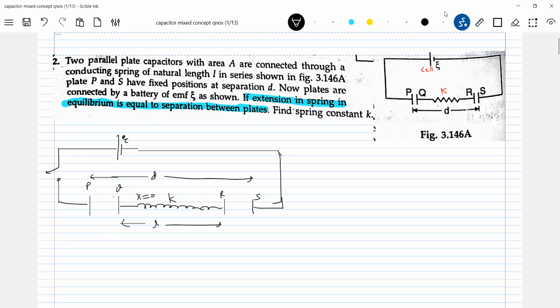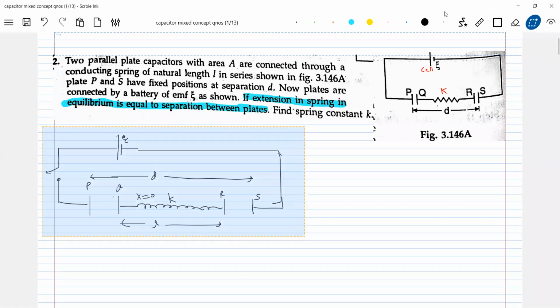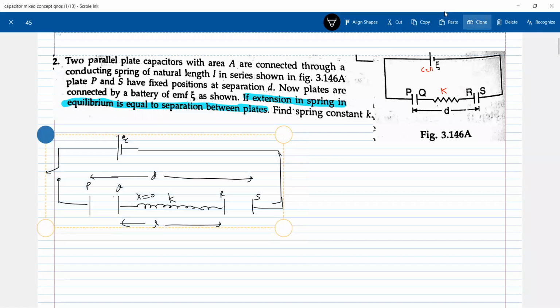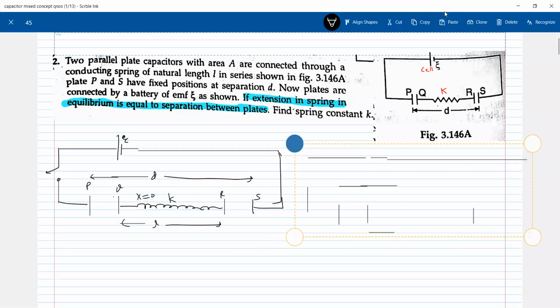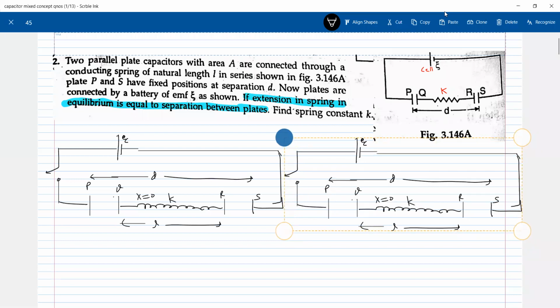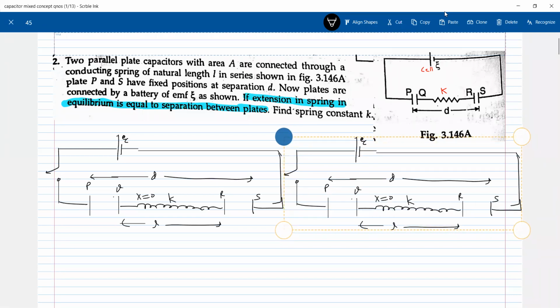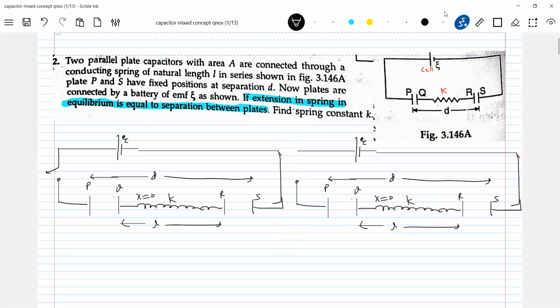Now the same problem. I'll close the switch. What will happen to the spring?